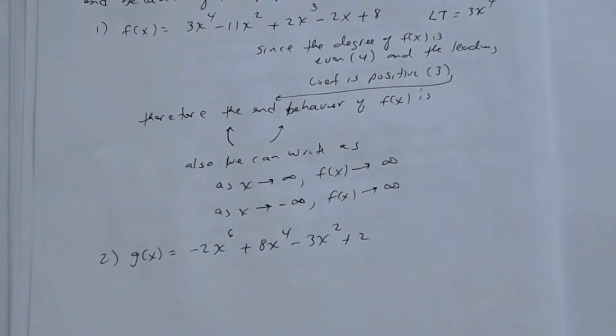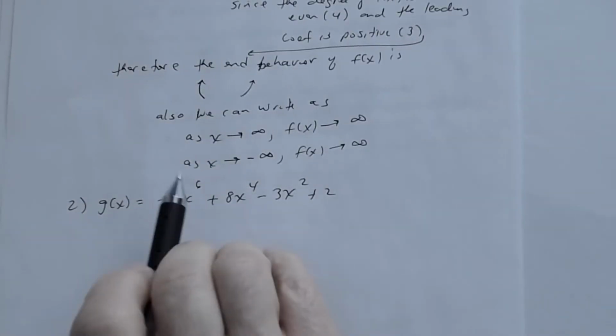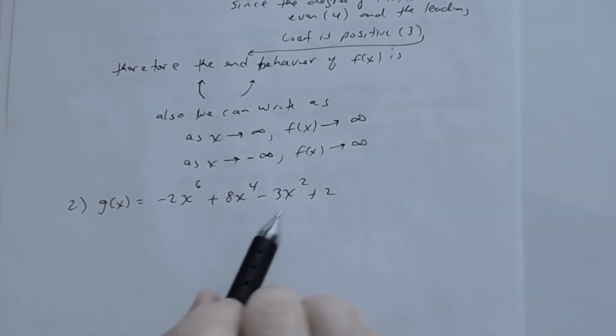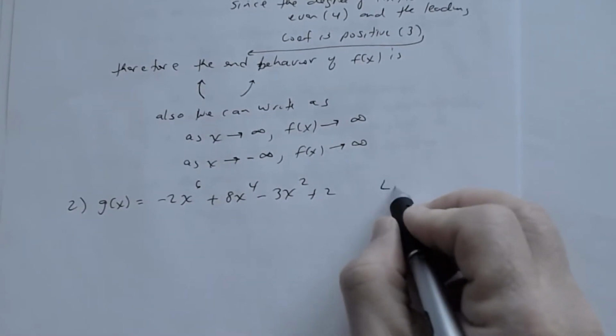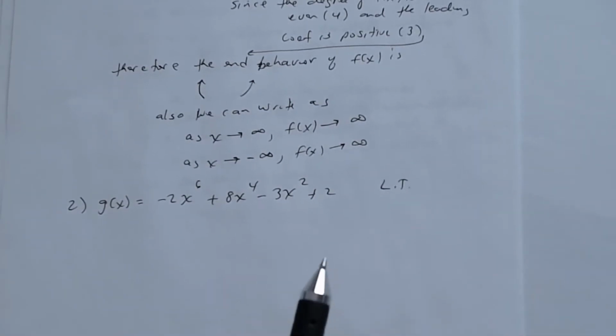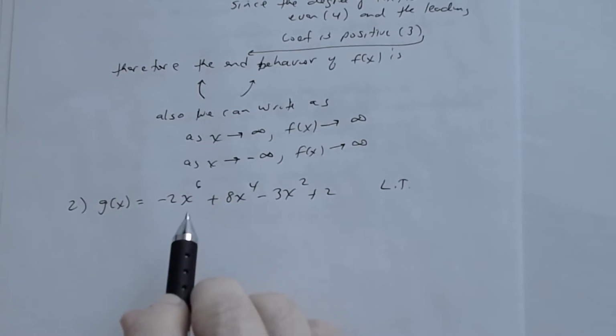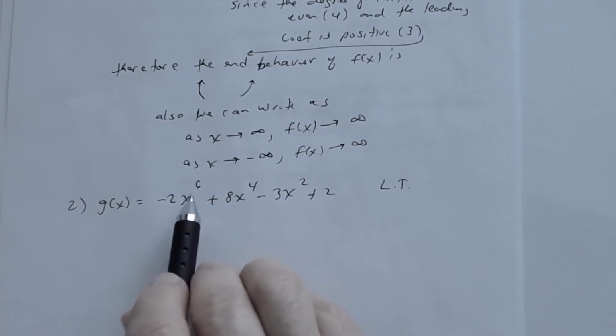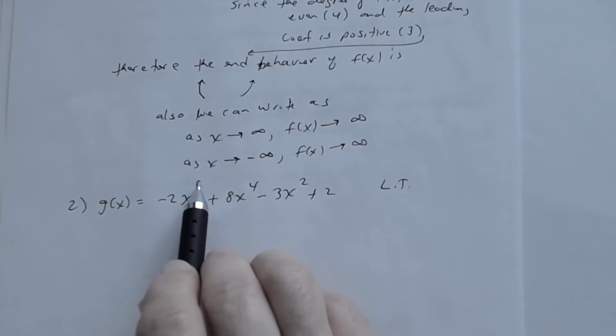So again, we have this polynomial function. This polynomial function has 4 terms. We have to determine the leading term. Now remember, the leading term is not necessarily the first term listed. In this case, it is, because that's the term with the larger exponent.